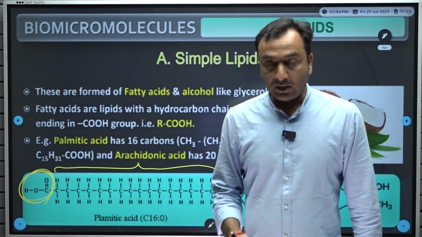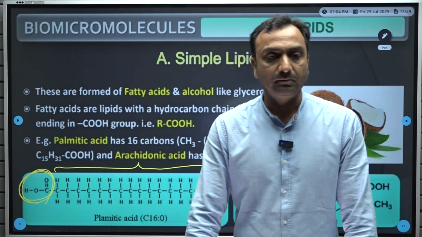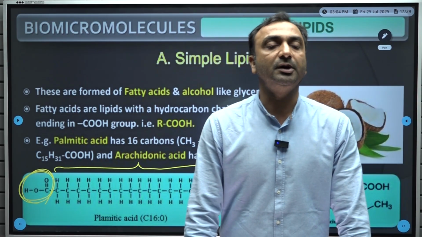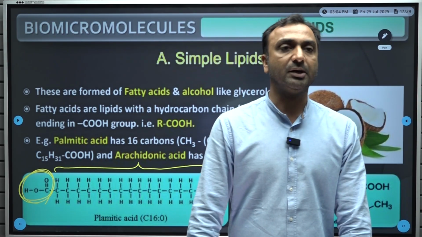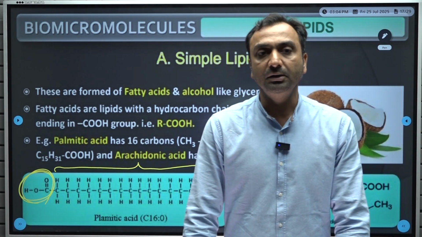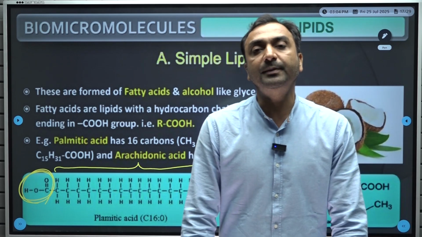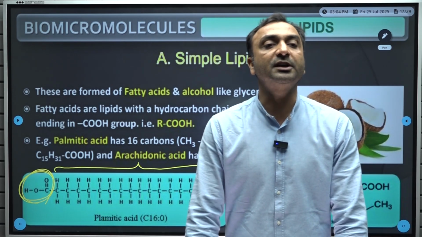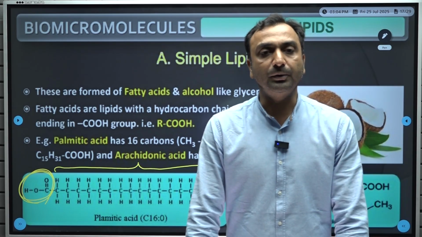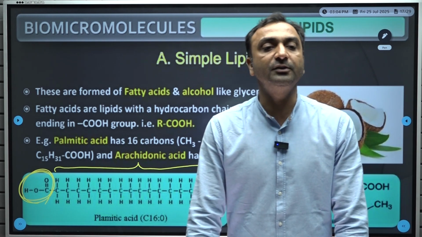If you remember the types of amino acids, we placed them into different categories based on the variable group called R. So different types of amino acids are based on what kind of R group they have.